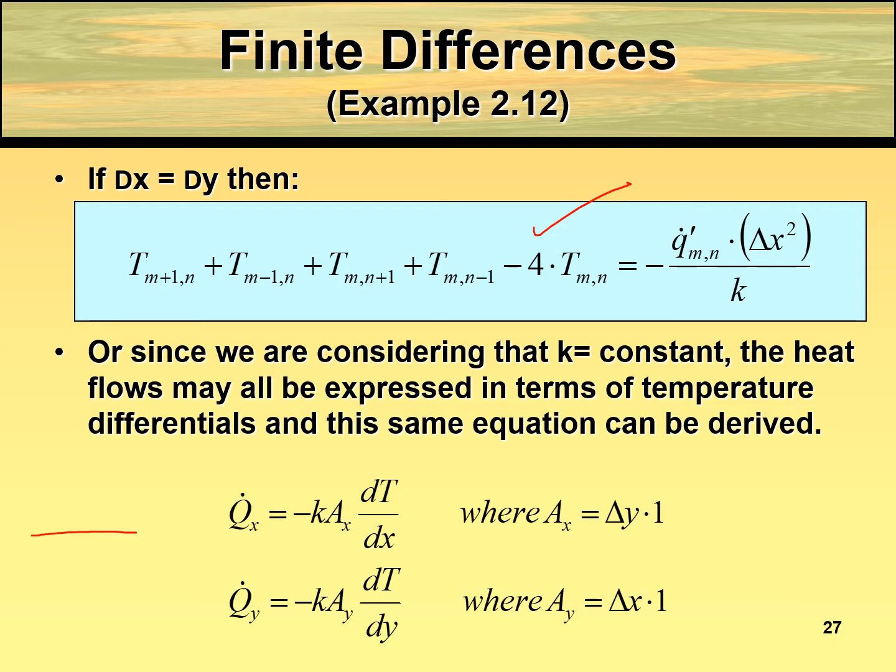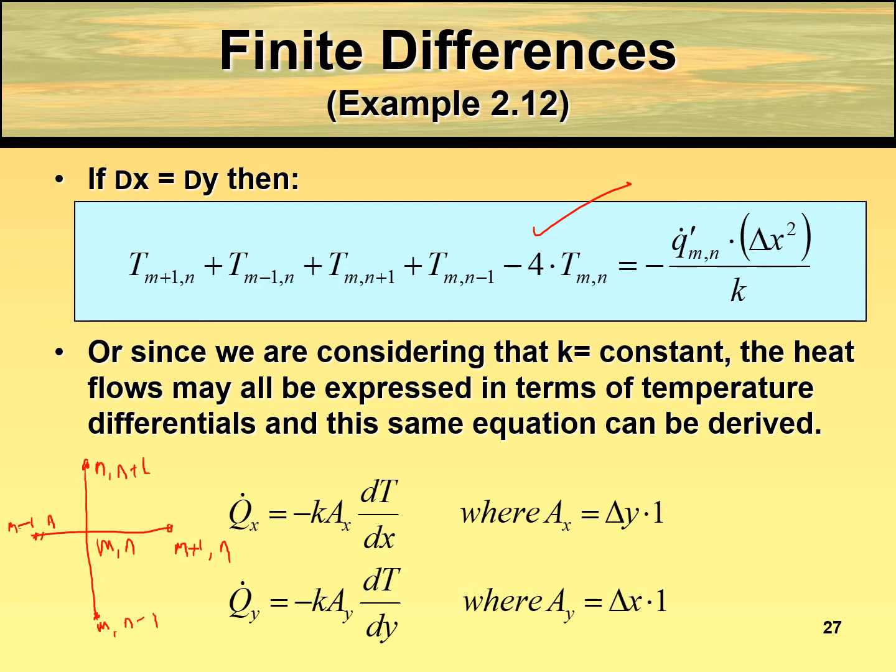So you have the mn here, this is m, n plus 1, this part here is m plus 1, n, this one here is again m, n minus 1, and this is m minus 1 and n. So these are the temperatures.